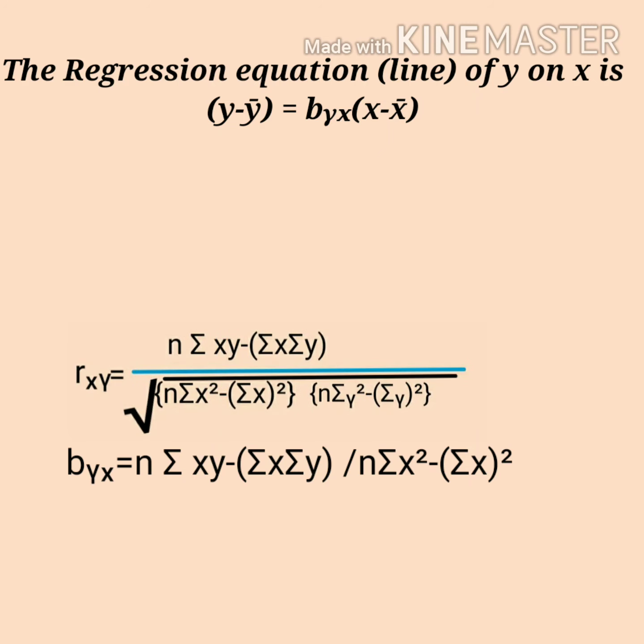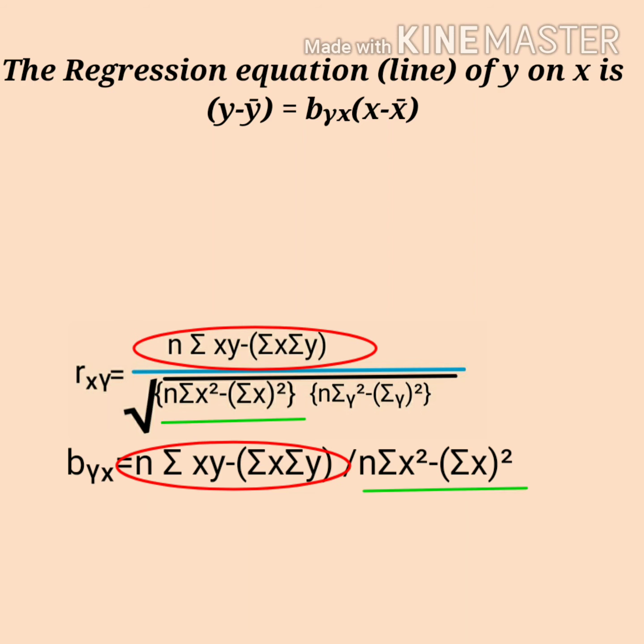See the formula, rxy equal to n into summation xy minus summation x into summation y divided by root over n into summation x square minus summation x whole square into n into summation y square minus summation y whole square. Both the formulas have the same numerator. The denominator, this portion is similar.